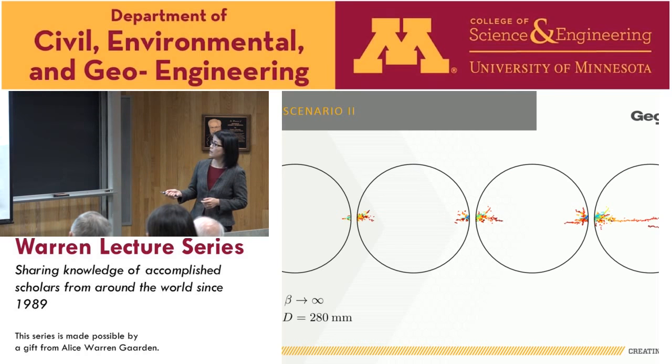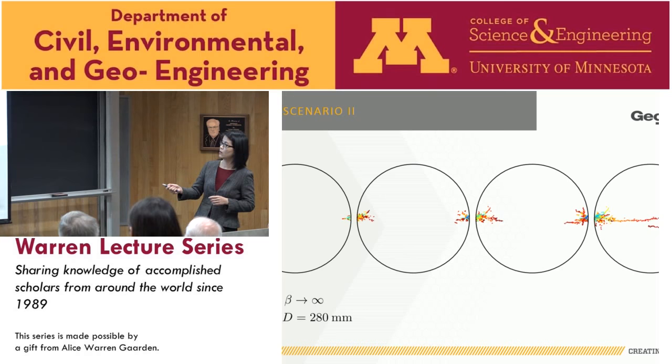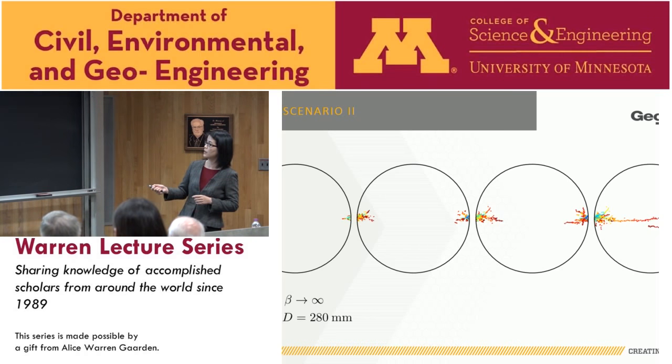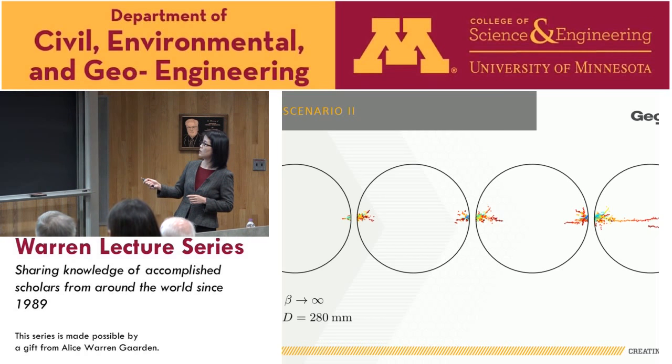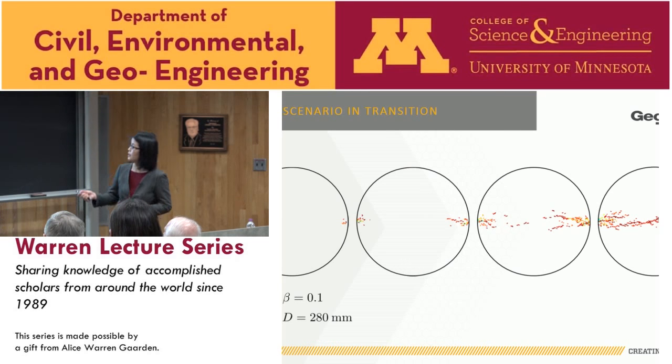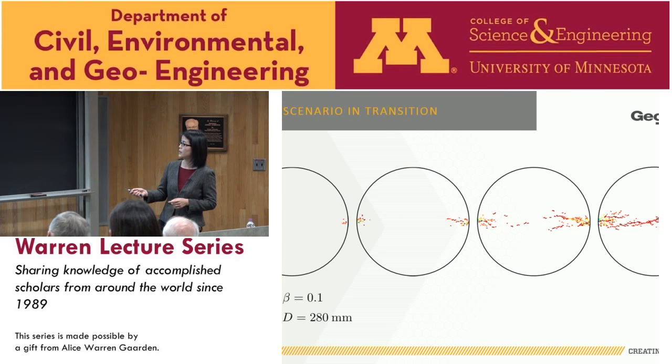And for the indentation type of mechanism, you can see the microcracks start from the loading area, and then they grow, and the crack eventually grows towards the center. And in between, you can see what I call the transition mechanism.